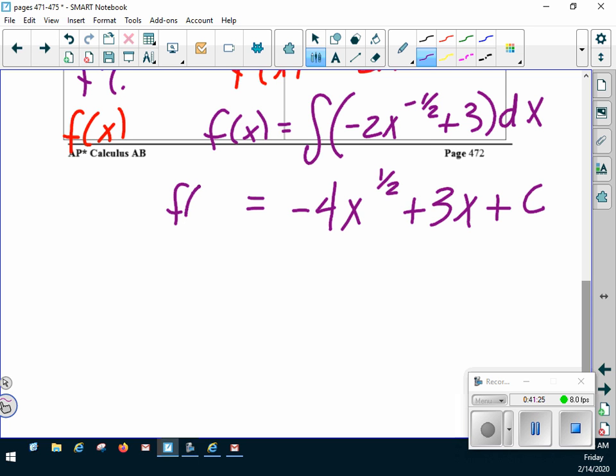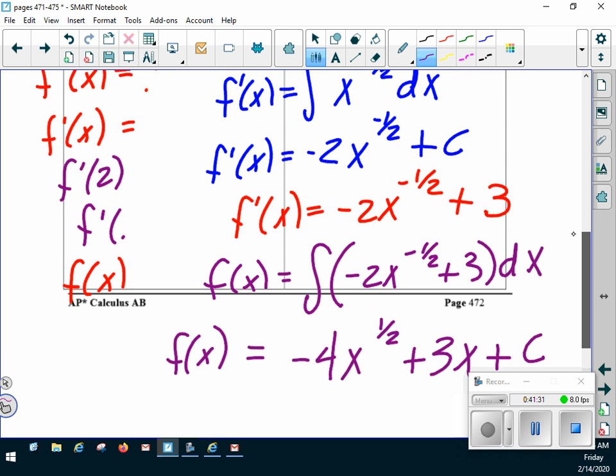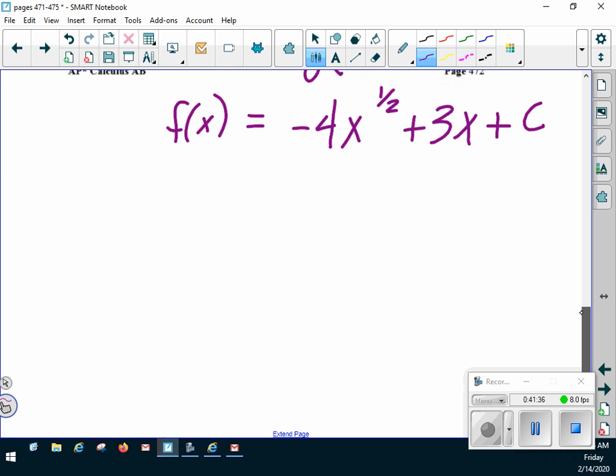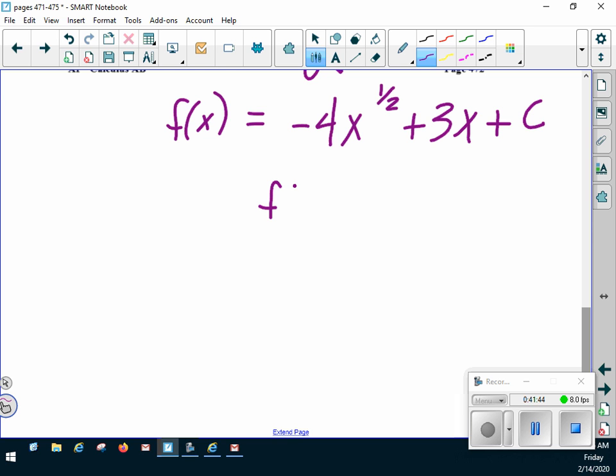That's f of x. Now I'm given a condition. My condition was that f of 0 equals 0. If f of 0 equals 0, what is c? C is 0. So f of x is negative 4x to the 1/2 plus 3x.